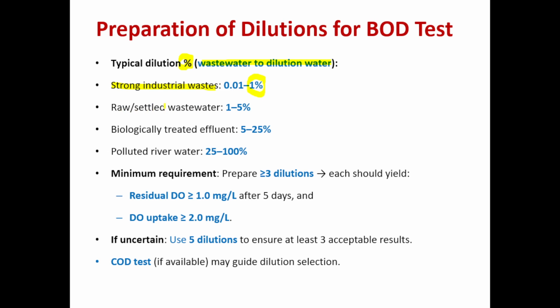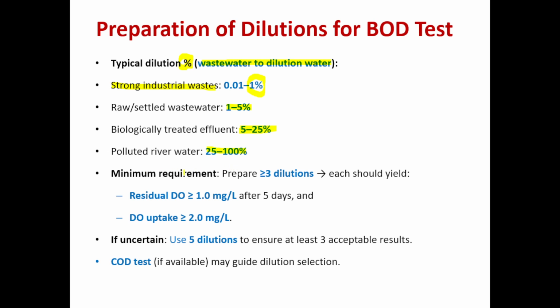For raw or settled wastewater, we can use 1 to 5% sample. For biologically treated effluent, we can use 5 to 25% sample. For polluted river water, we can use 25 to 100% sample.